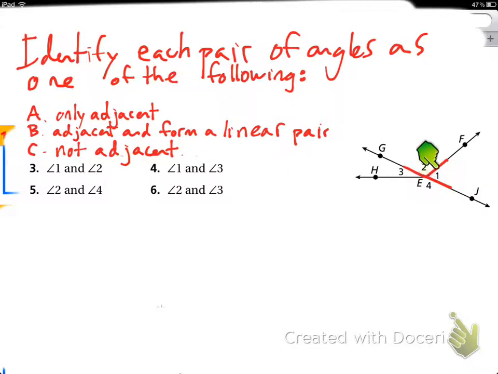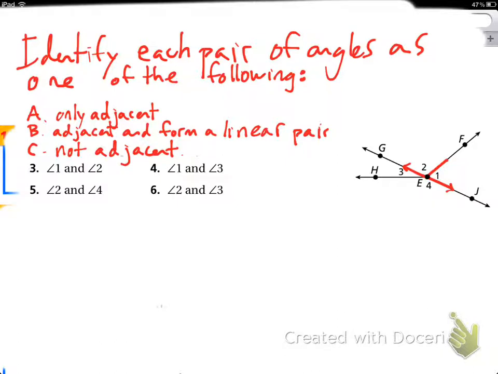So here's the common side. Here are the non-common sides. Are they opposite rays? Yes. These are opposite rays. So there are two rays coming from that vertex, and I'll help you see it a little more by putting a point on here.